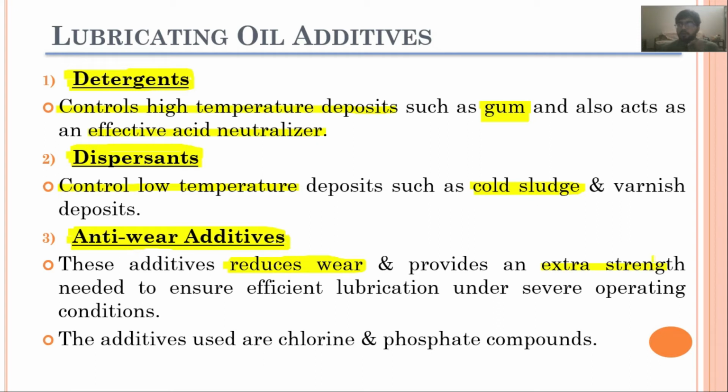So what is the purpose of these additives? They will reduce the wear, and they will provide the extra strength which is required to ensure efficient lubrication even if your IC engine is operating under severe conditions as well. The additives which are used are chlorine and phosphate compounds.